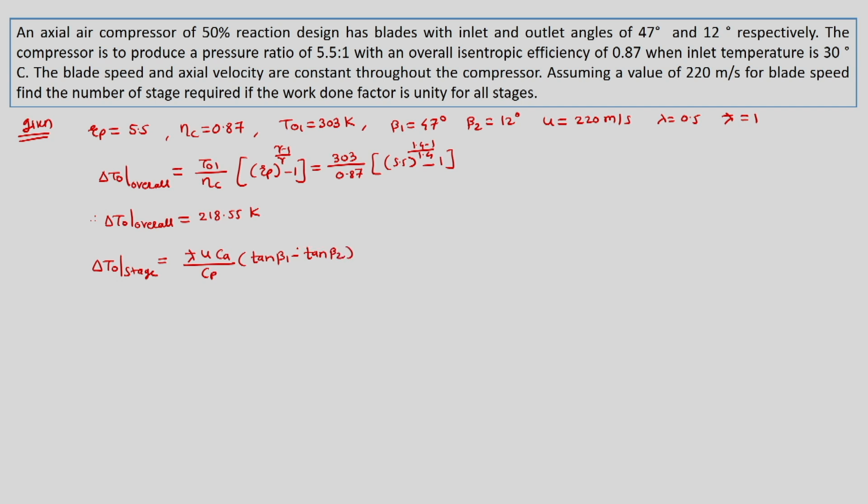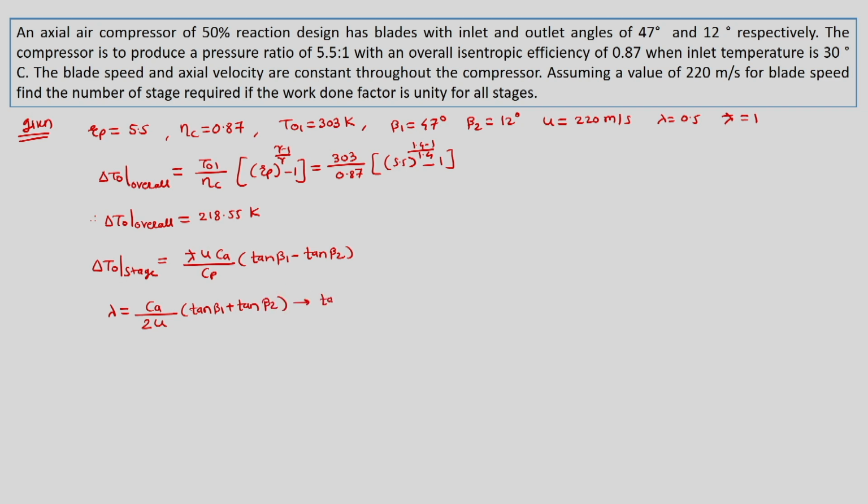But in this formula we are not aware of Ca1. So to find out Ca1 we can make use of the degree of reaction, which says that lambda is equal to Ca upon twice U into tan of beta 1 plus tan of beta 2.